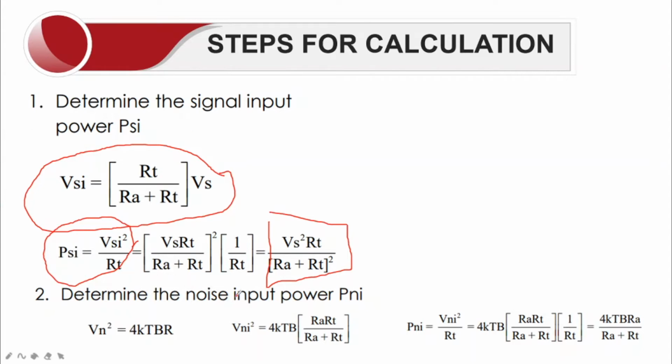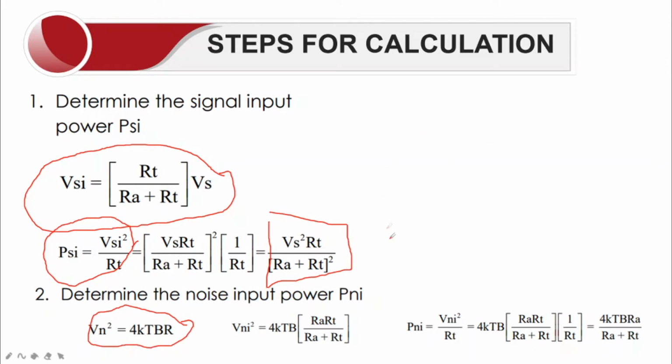The second step is to determine the PNI or the noise input power. So, dito naman, mahalaga tandaan ito, which is Vn squared is equal to 4kTBR. Saan nanggaling yan?